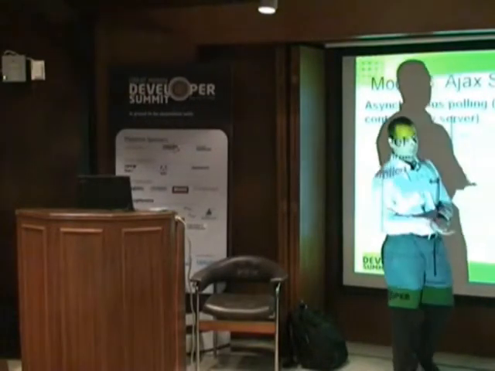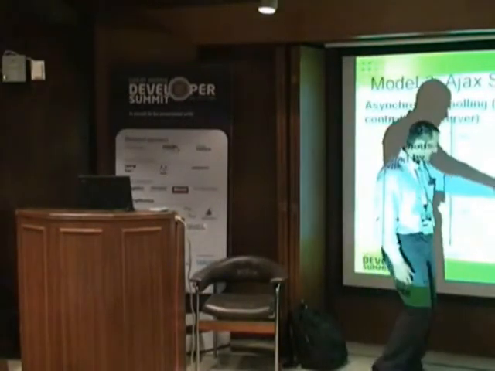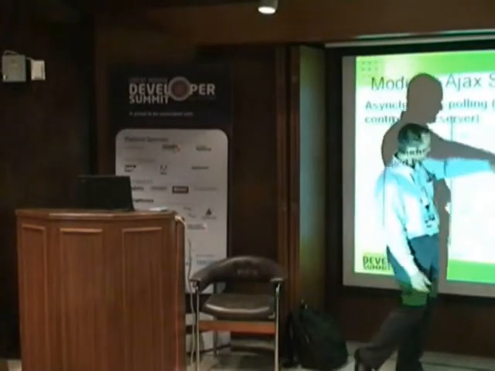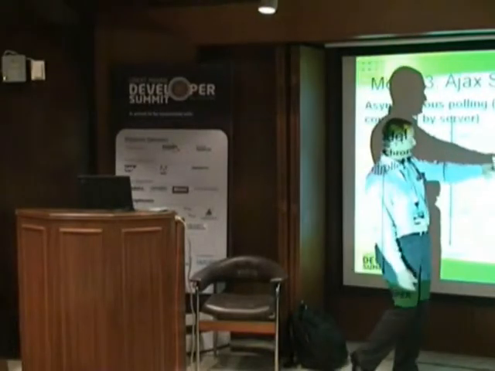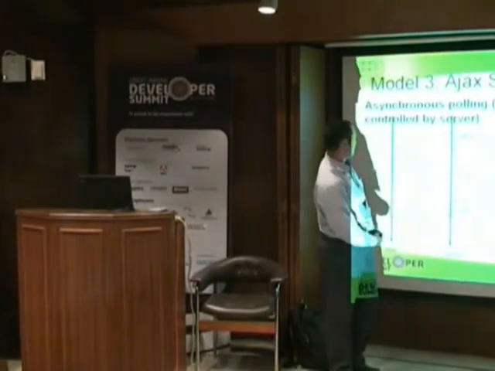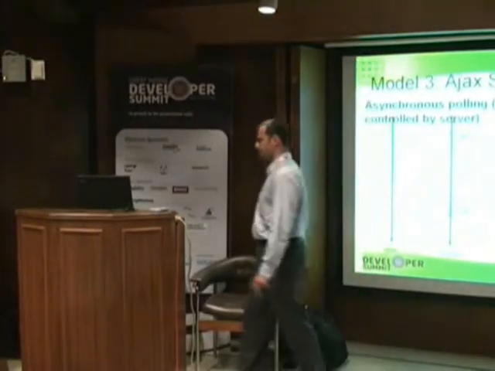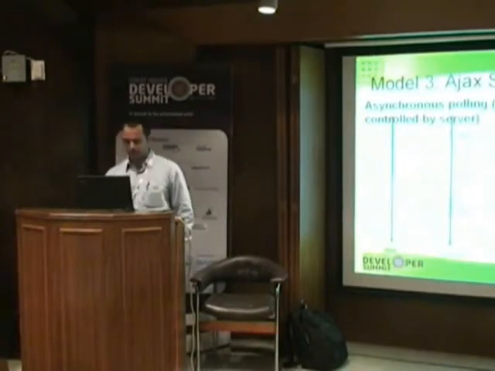If the timeout is reached and it still doesn't have any data to send, it will send back blank data. Or if it gets anything in between, it will send it back. So this is another approach, with the polling frequency controlled by the server side, not by the AJAX code, which was the case in the second model.